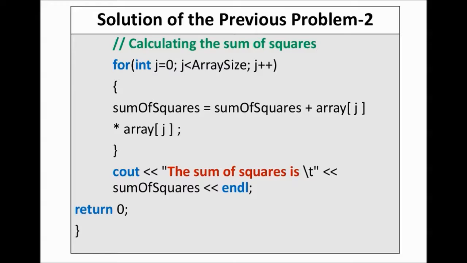Then we use the for loop to calculate the sum of squares of these variables. We write sum of squares is equal to sum of squares plus array j squared, array j static.